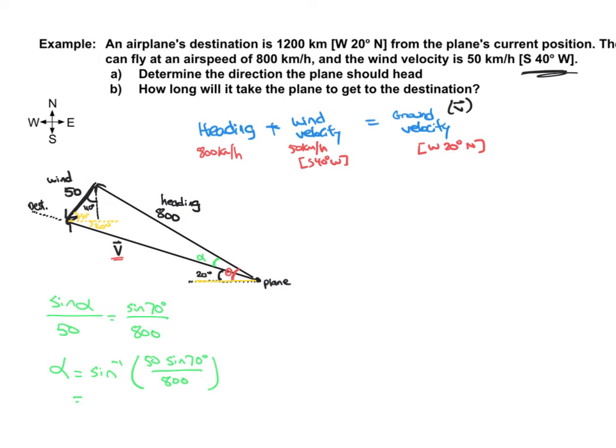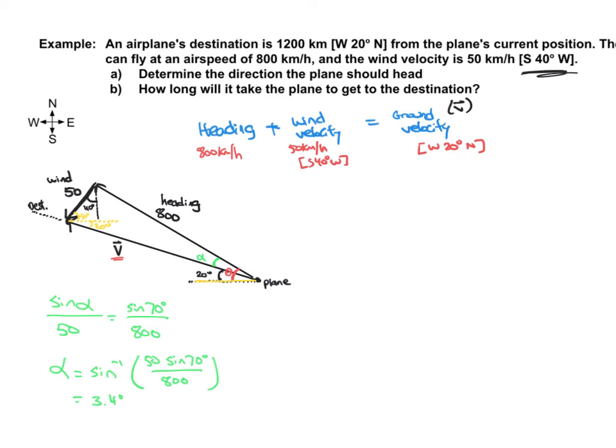So I'll pull up my calculator. And that is giving me 3.4 degrees. So my diagram's not that to scale. It's actually a nice small angle there. Okay, so that is my angle alpha.